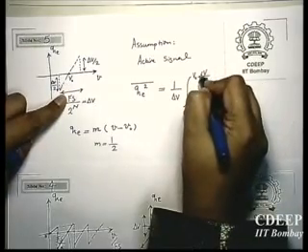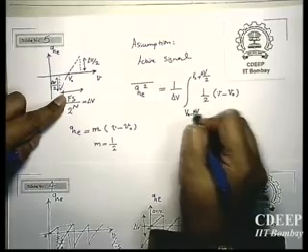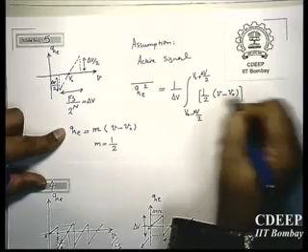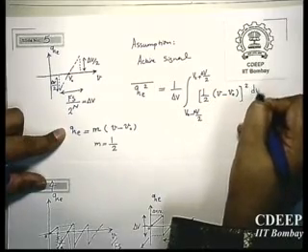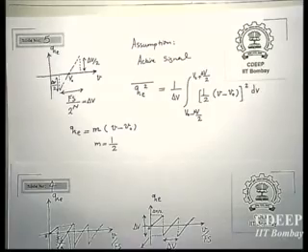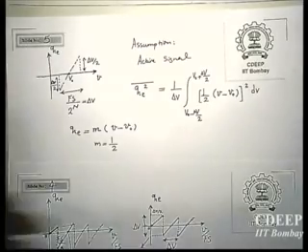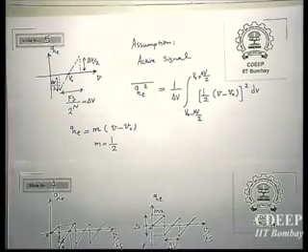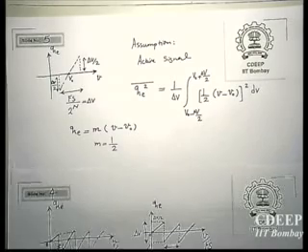This should be delta V. So you calculate this. One thing you can also consider is that V0 is 0 for simplicity, which makes it very easy.